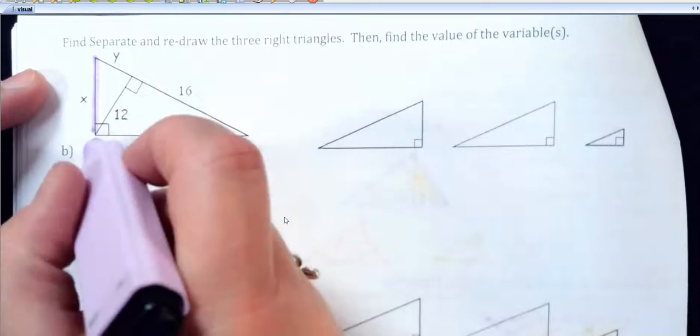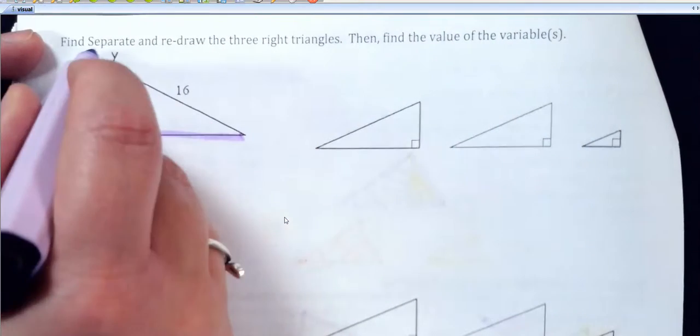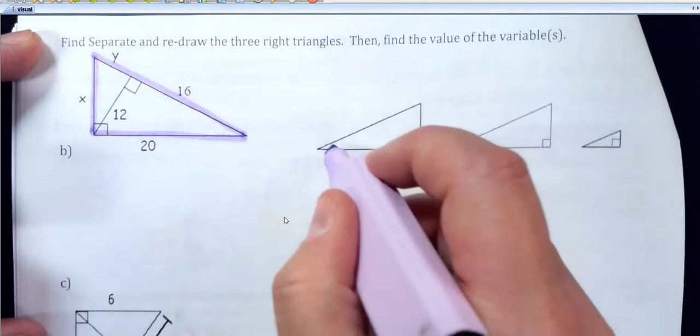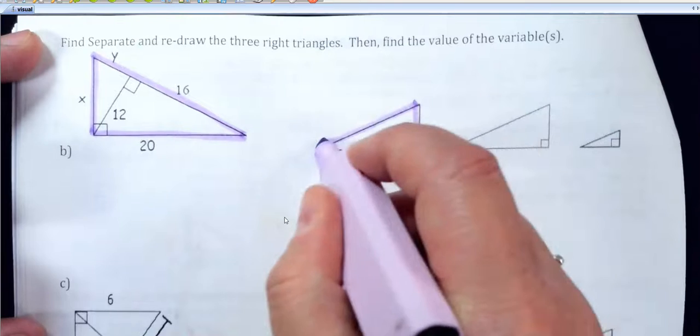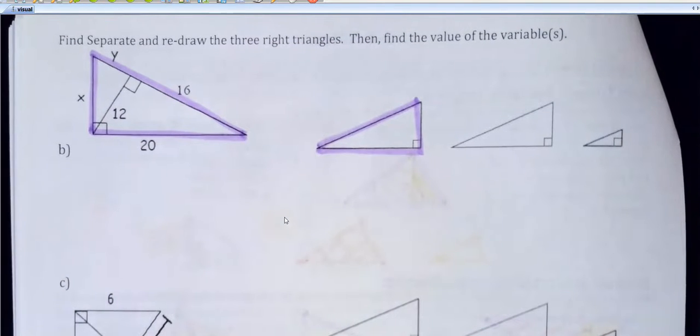Okay, now this one's a little tricky. So here's my overall larger triangle. When you're looking at that, what is the short leg in that diagram? Can you guys tell? What would the short leg in that big triangle be? What letter or number?